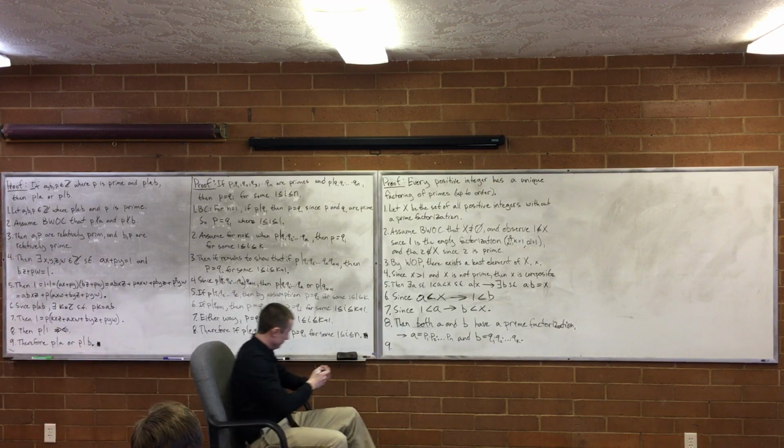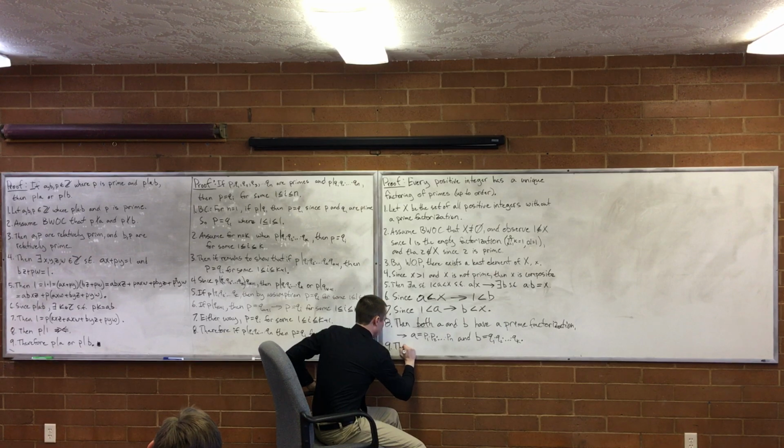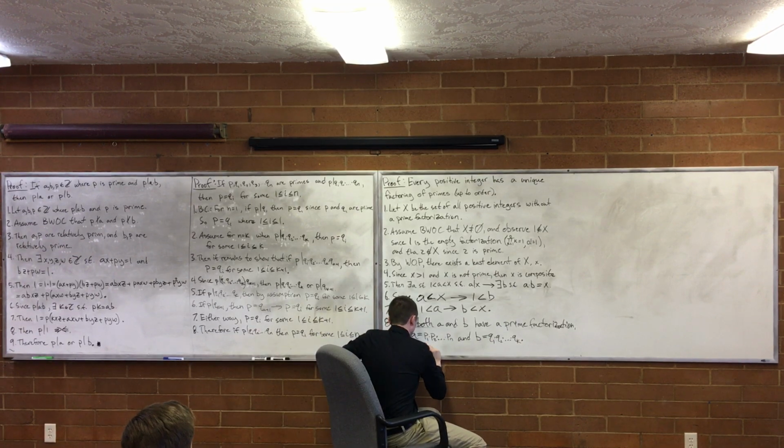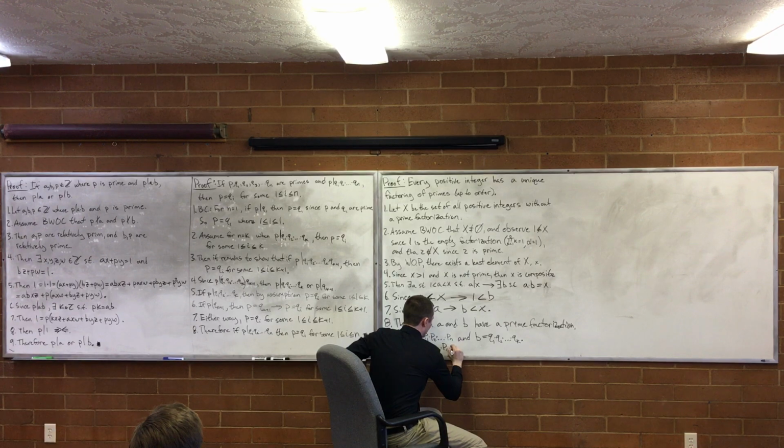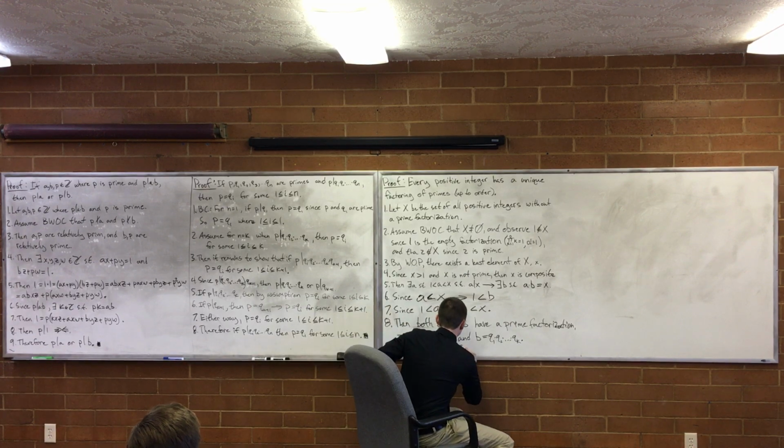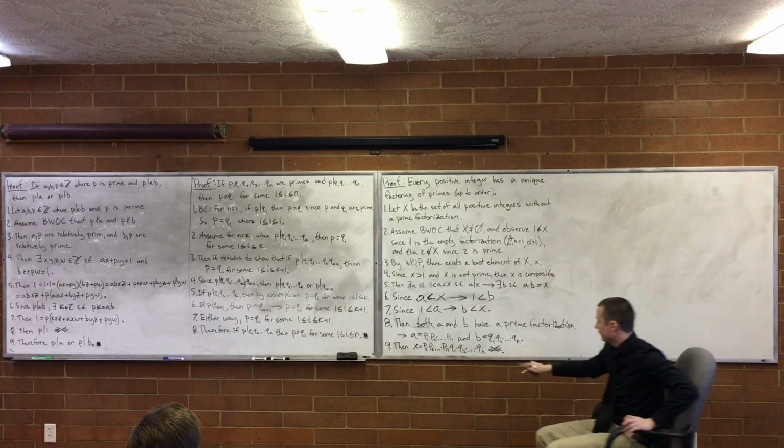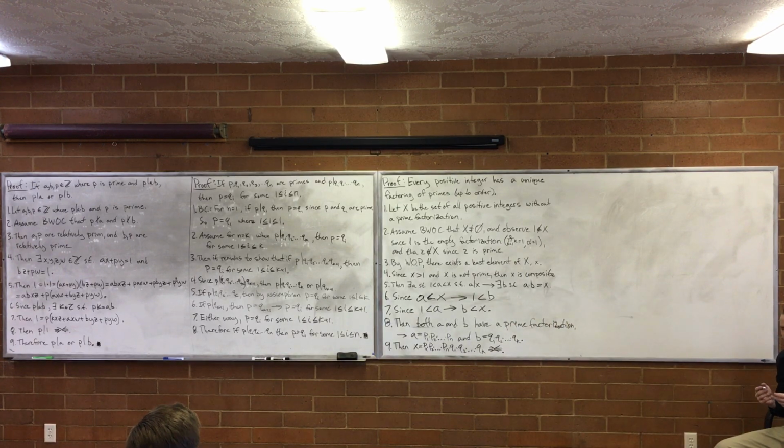So x is equal to all those prime numbers: P1 times P2 times dot dot dot times Pn times Q1 times Q2 times dot dot dot times Qk. Contradiction. Right? We just barely found a prime factorization of x.